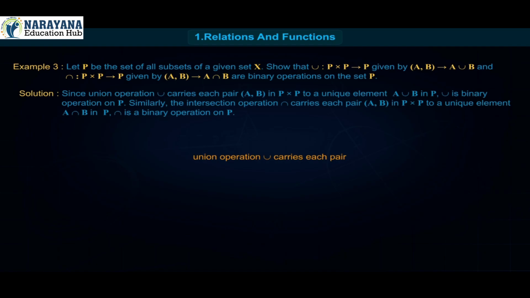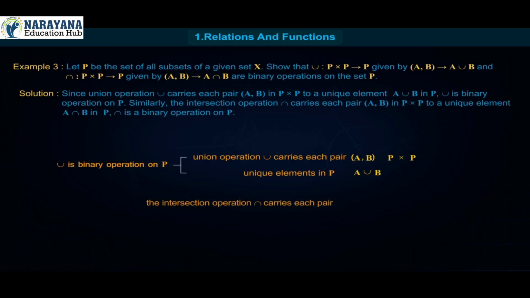Since the union operation carries each pair (A, B) in P × P to a unique element A ∪ B in P, union is a binary operation on P. Similarly, the intersection operation carries each pair (A, B) in P × P to a unique element A ∩ B in P. Intersection is a binary operation on P.